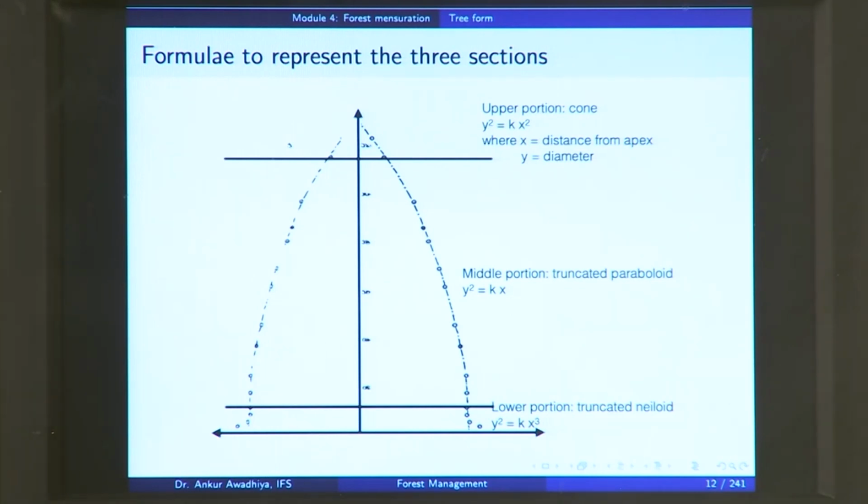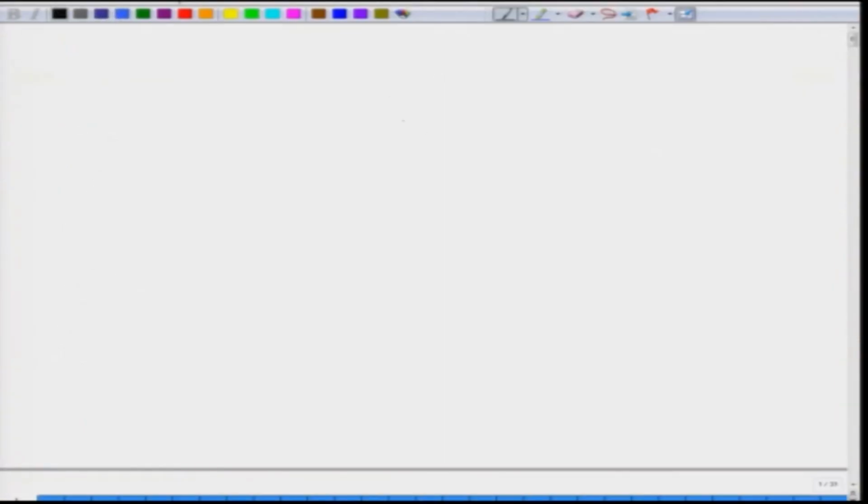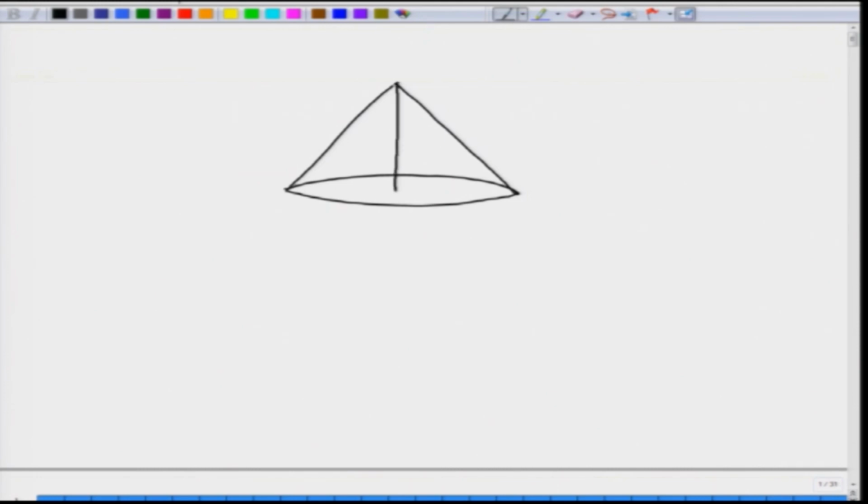So for the uppermost part, which is conical, here you have the point 0, and for any point on this cone, this distance is x and this much is y.